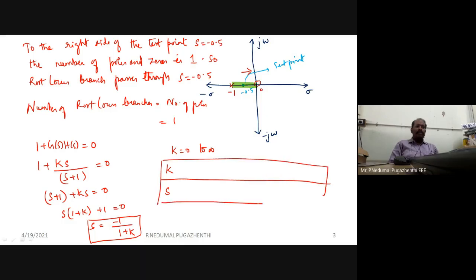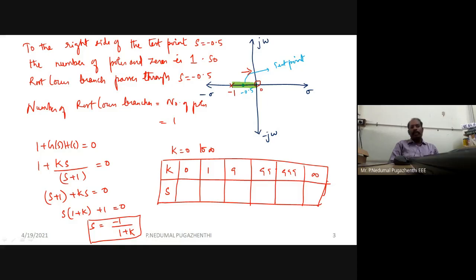As I said, these two problems are a little simple when compared to the previous one which I solved in the previous class. Let me put some values of K: 0, 1, 9, 99, 999 and infinity.